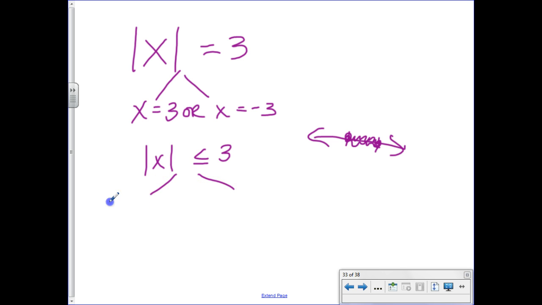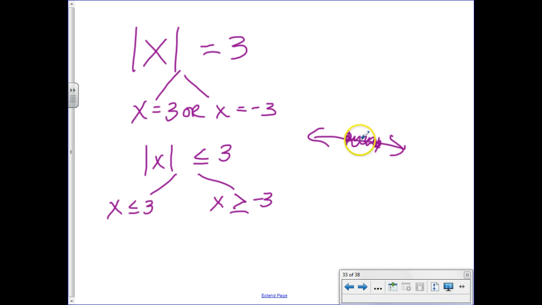The first one is going to stay exactly as is: x without the absolute value symbol is less than or equal to 3. The other one, you're going to use the -3, but this time you flip the inequality symbol, and you say greater than or equal to -3.